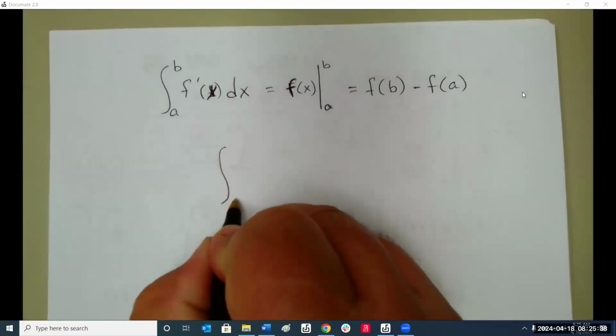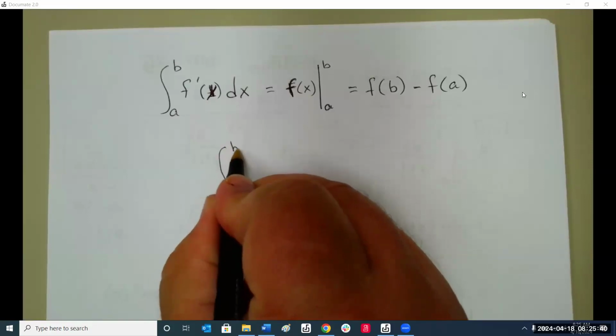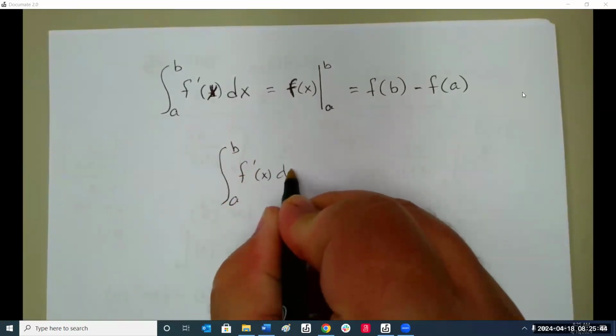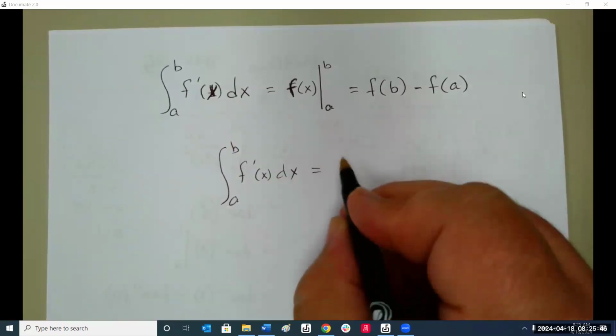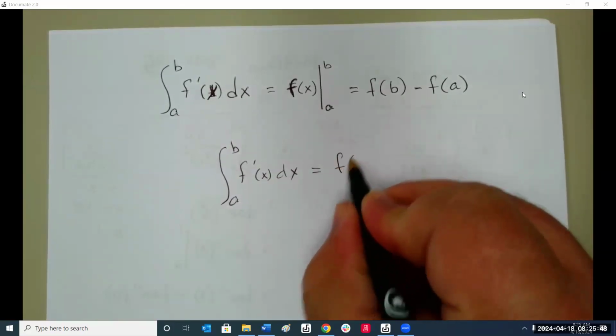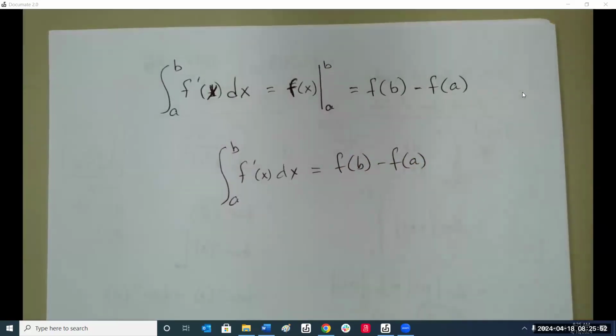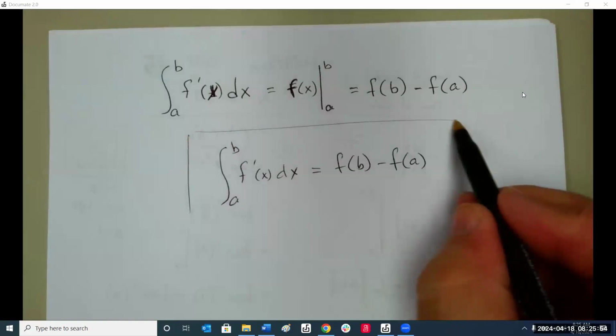It says whenever you have a function and you take the integral of it, you get the original function as the difference of the two bounds.